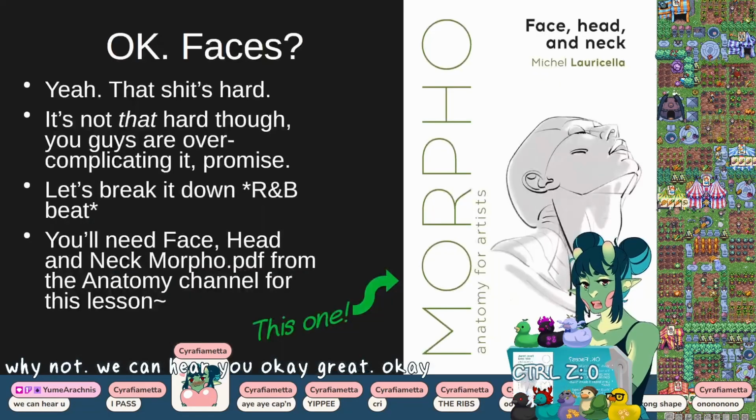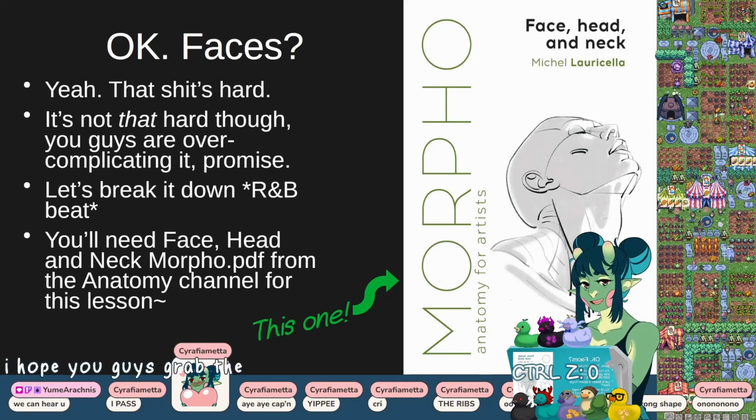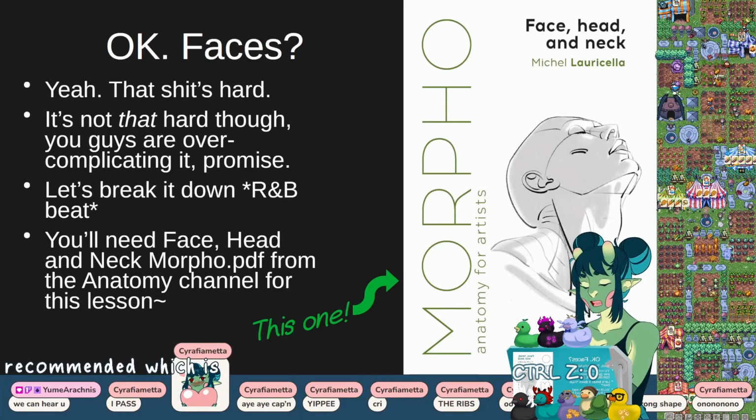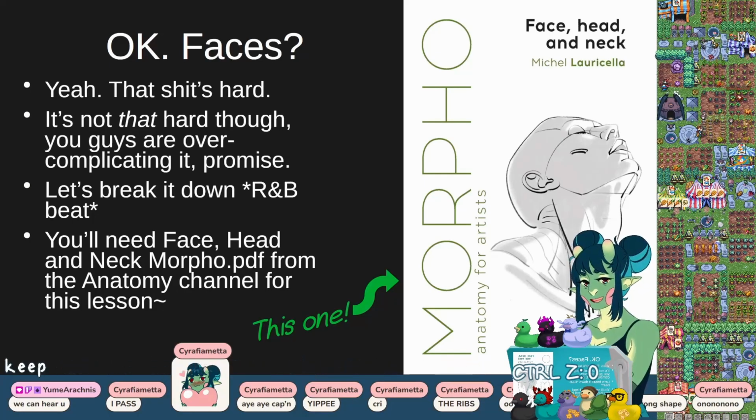Okay. So I think you guys are just overcomplicating faces. I hope you guys grabbed the anatomy book that I recommended, which is Face, Head, and Neck by Morpho Book by Mitchell Orticella. I've collected a lot of anatomy books over the years.